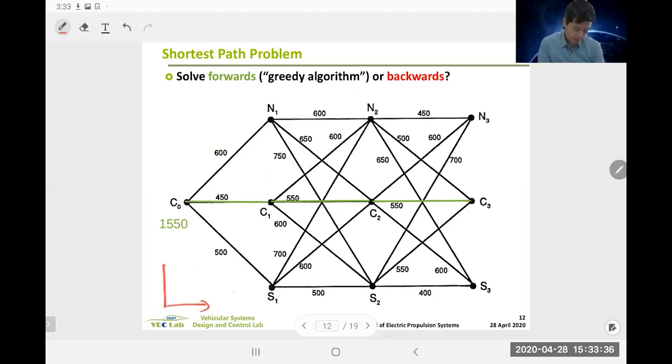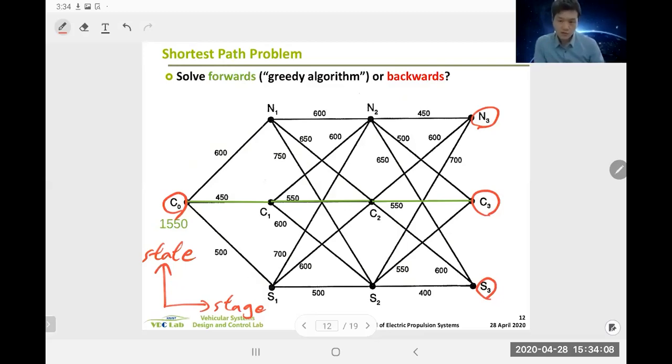So the x-axis is stage, y is state, okay? What this problem is showing is we want to start from C0 and we want to reach stage 3, which means either one of these 3 states, M3, C3, S3.